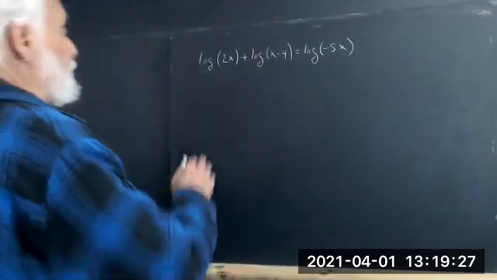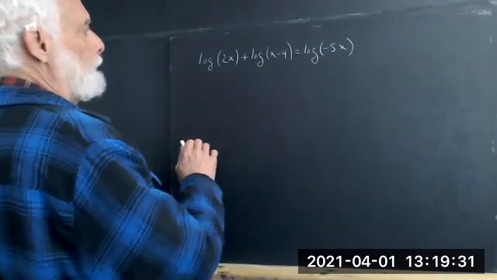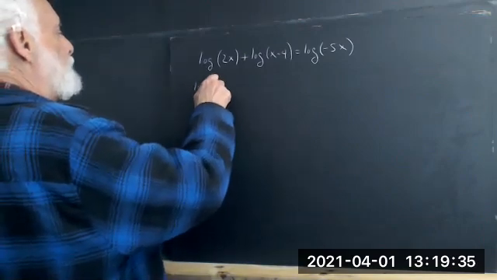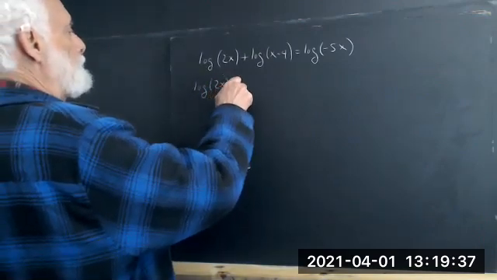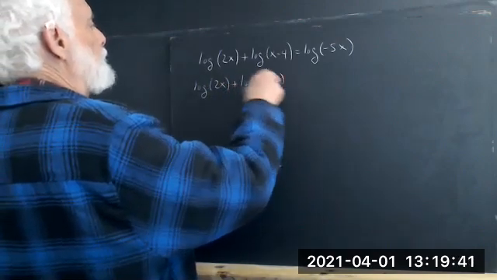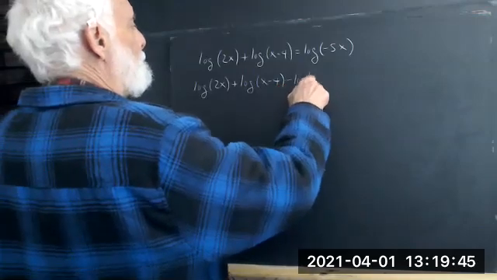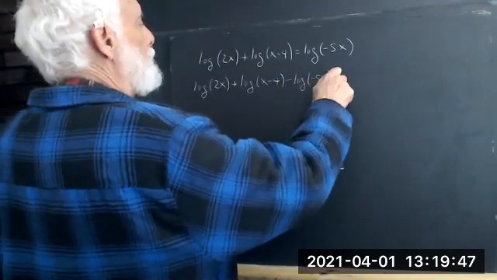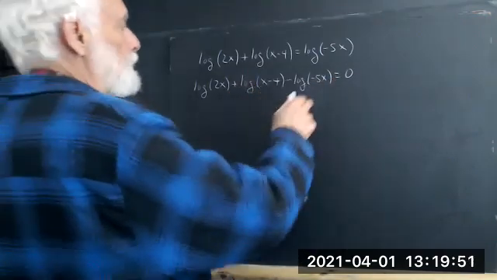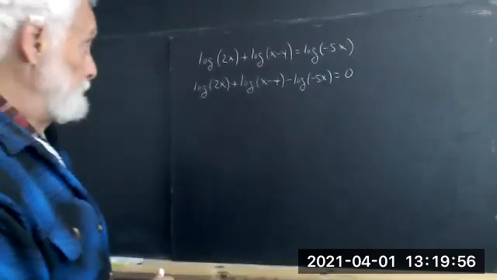Okay, so if we combine what we have over here, well, we can write this as log of 2x. We could combine these right away, but let's just write it out this way. Log of 2x plus the log of x minus 4 minus the log of negative 5x equals 0.